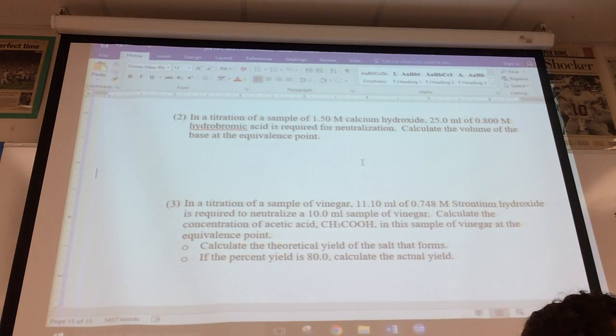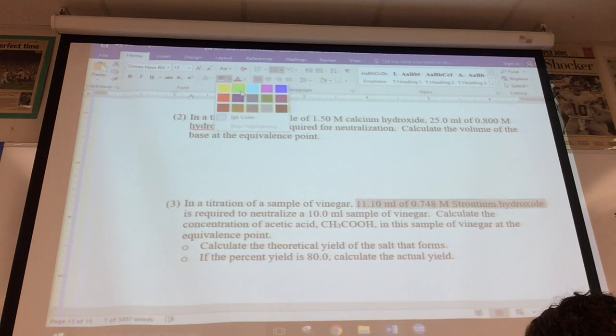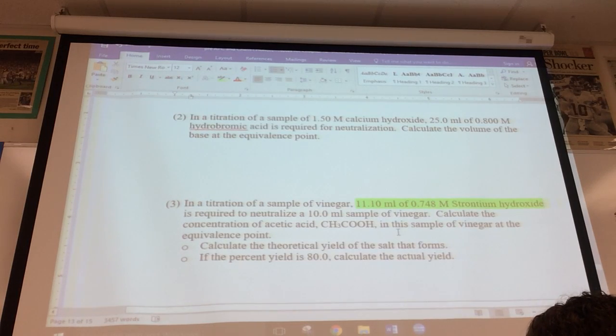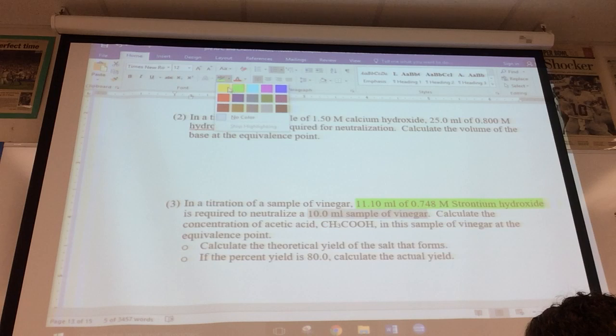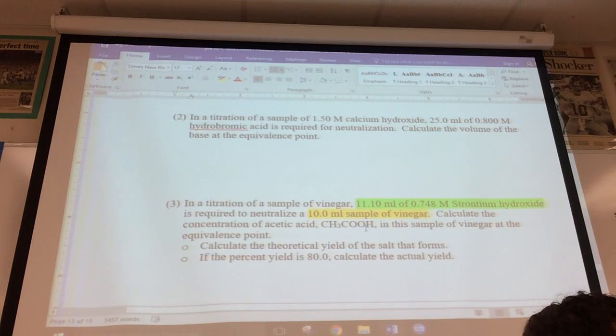In a titration of a sample of vinegar, 11.10 mils of 0.748 molar strontium hydroxide, acid or base, Devin? Base, is required to neutralize 10 mils of vinegar, acid. It turns out that vinegar is 5% acetic acid.